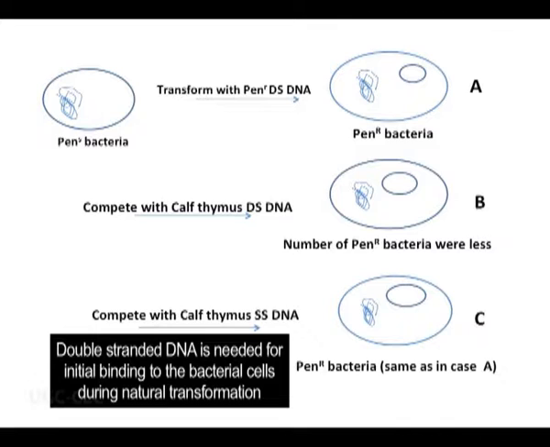They found that, unlike the previous experiment, denatured calf thymus DNA is unable to competitively inhibit the transformation process. So this helped them infer that during transformation, it is only the double-stranded DNA that binds onto the cell surface.